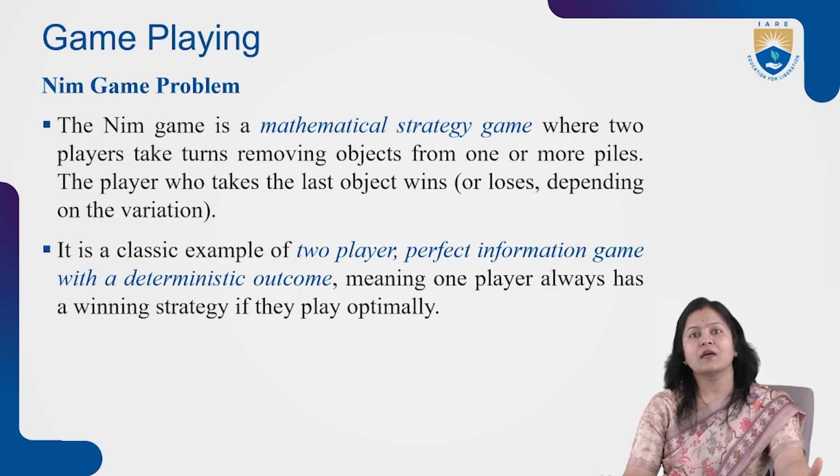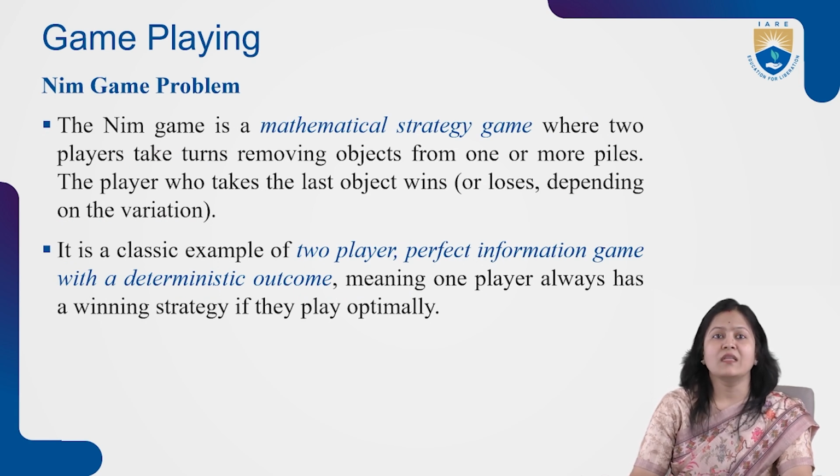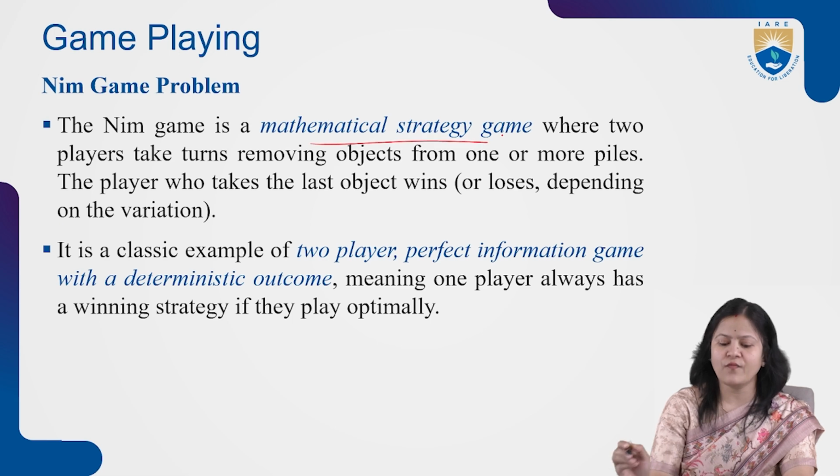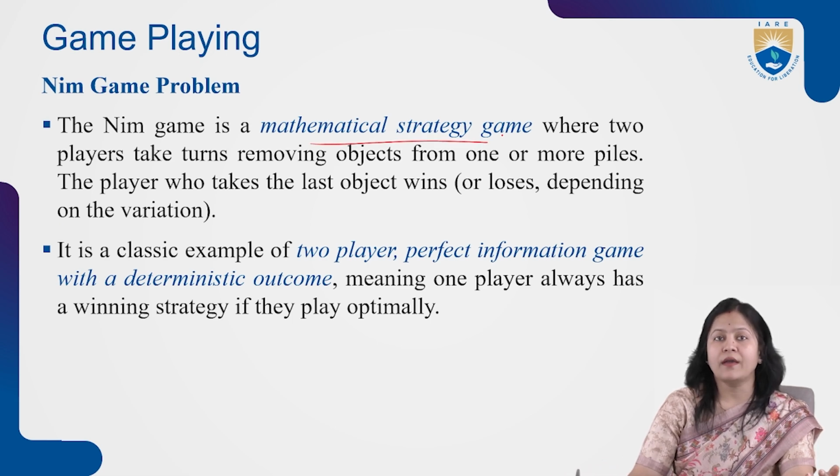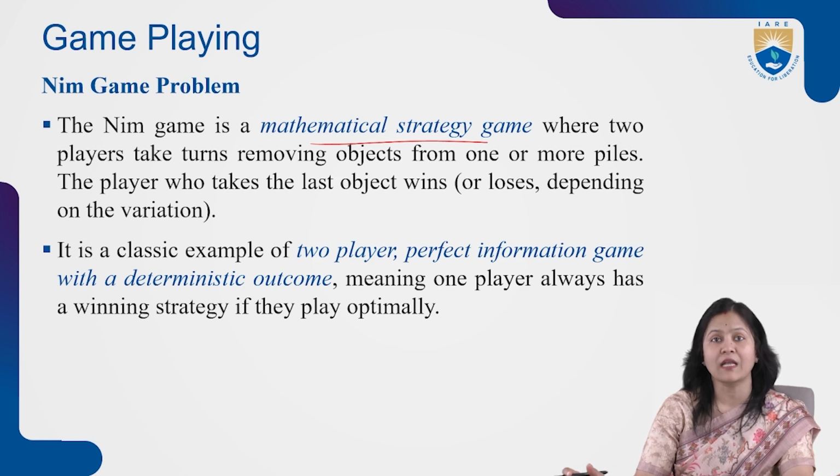Now, one of the classical examples in game theory is the Nim game. The Nim game is a mathematical strategy game where two players take turns removing objects from one or more piles. The player who takes the last object wins the game or loses the game, that depends upon the type of game.